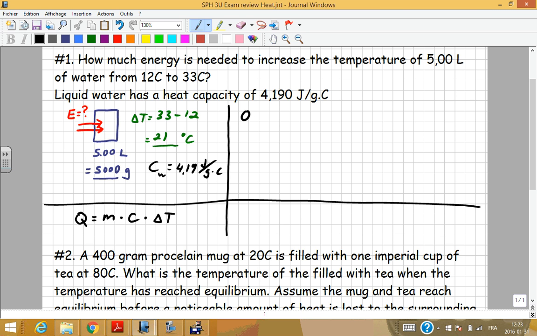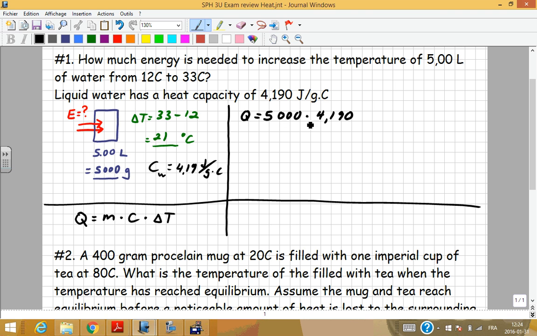So we have Q equals 5,000 times the heat capacity, which is 4.190. The zero here tells us we have four significant numbers.